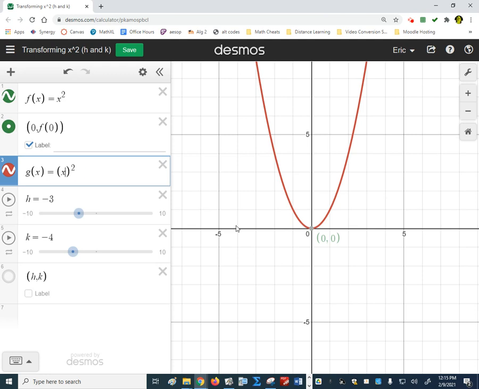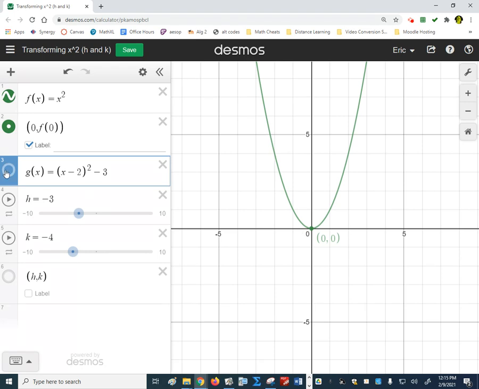Okay, let's do the quantity x minus 2 squared minus 3. What's that doing? Yeah, okay, we got it.